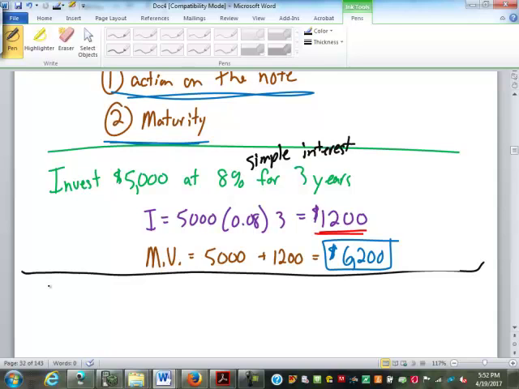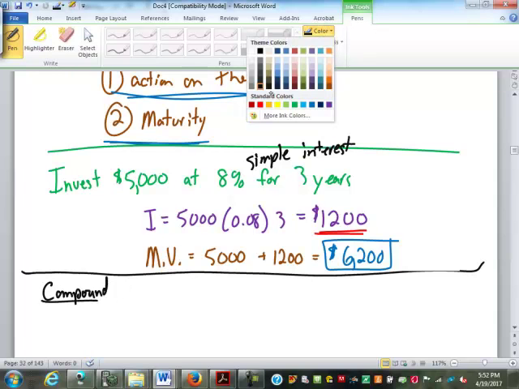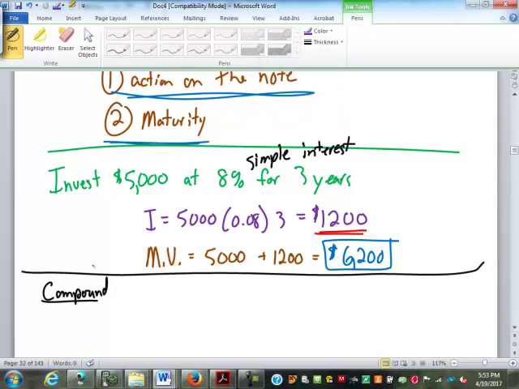So what they do is something called compound interest. I guarantee you anything more than 6 months is going to be compound interest. For most banks, anything more than 3 months will be compound interest. But what compound interest does is it has periods for compounding. And at the end of each period, interest is calculated whether there was an action on the loan or not, and it is added to the balance.